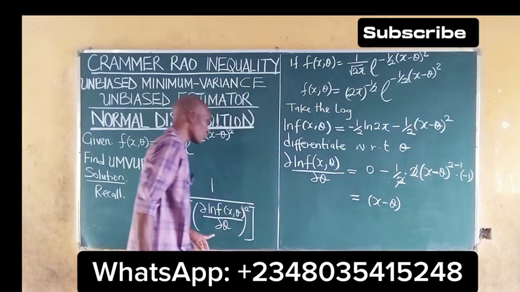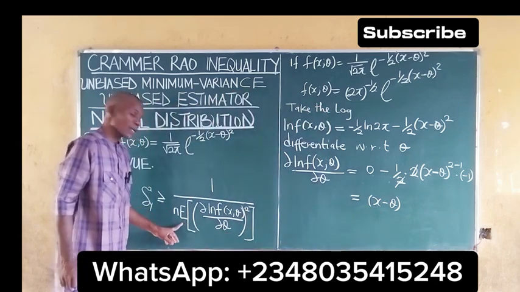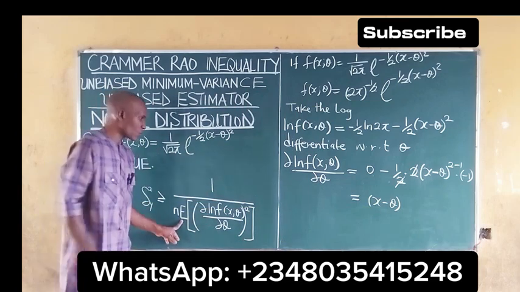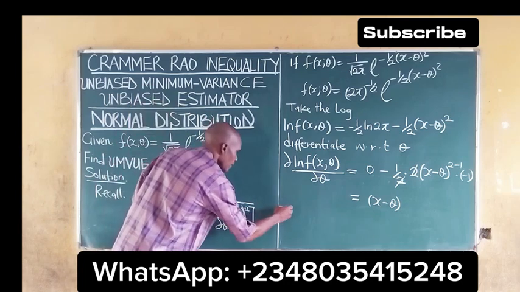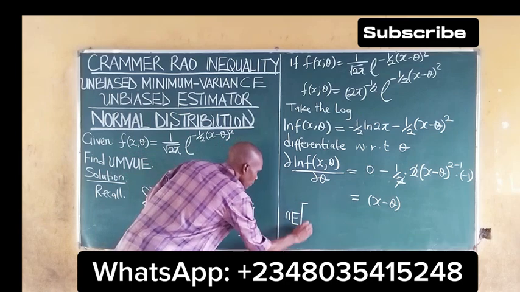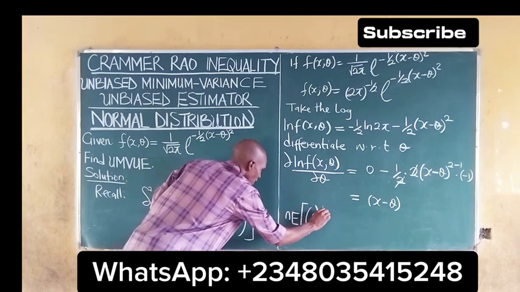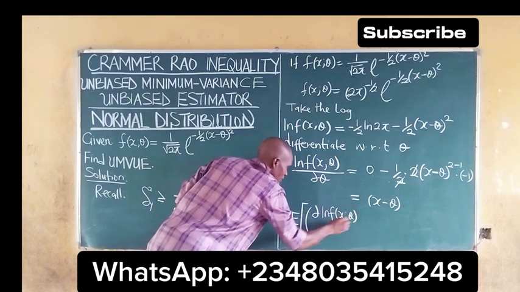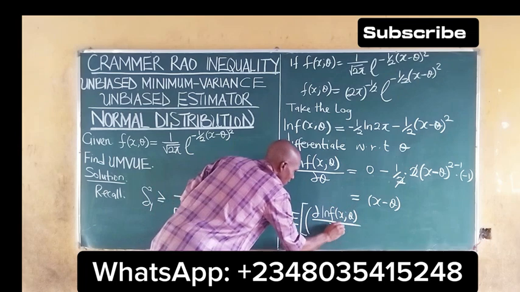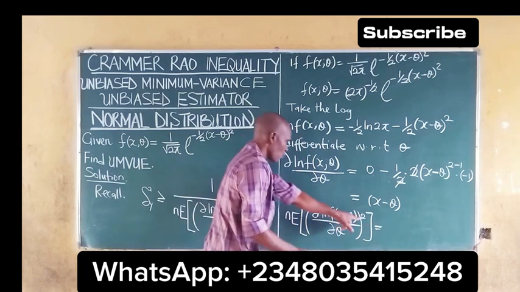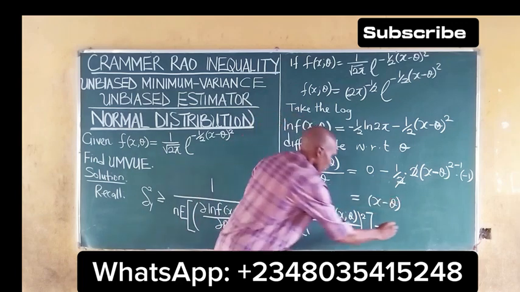So the next thing to do is to take our square. If we square that function, we'll also take our expectation. So we'll compare it with this: n, expectation of our differential ln of our given function with respect to theta, squared. Now we are putting our square into here.